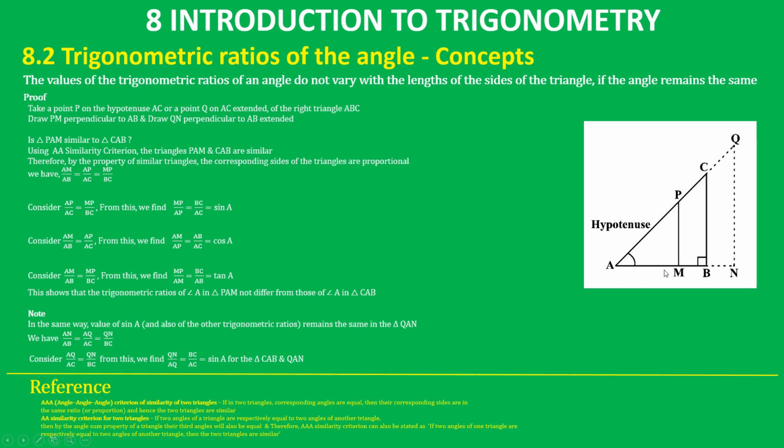Then it's nothing but tan A, right? Opposite side by adjacent side is tan A. Now what is tan A for CAB? Opposite side is BC and adjacent side is AB. That is BC by AB, which is nothing but tan A.